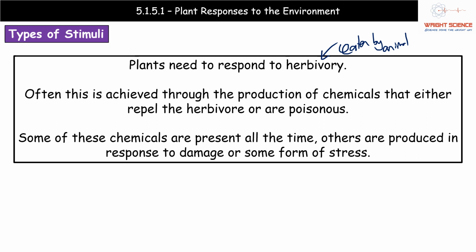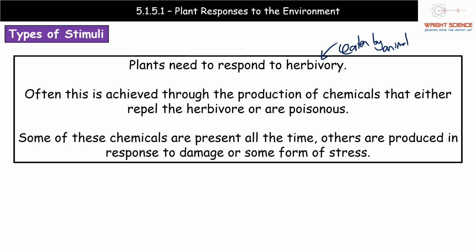And these chemicals are going to do one of two things. They're either going to be some kind of chemical that's going to repel the herbivore, maybe by being a certain taste or smell, etc., that means they don't want to go near it, or they're just going to be poisonous to it. And let's be honest, if you eat something that's poisonous, you're probably not going back for seconds.